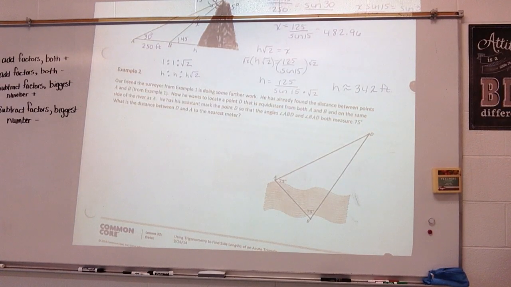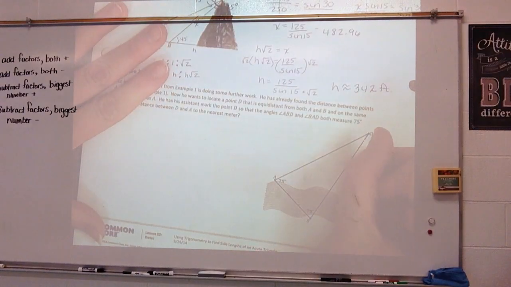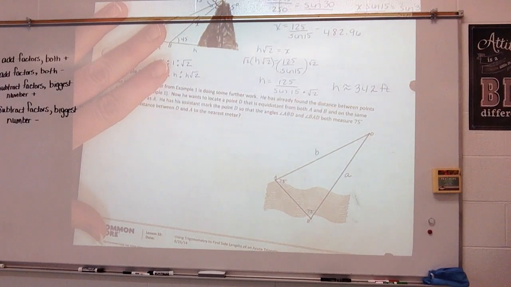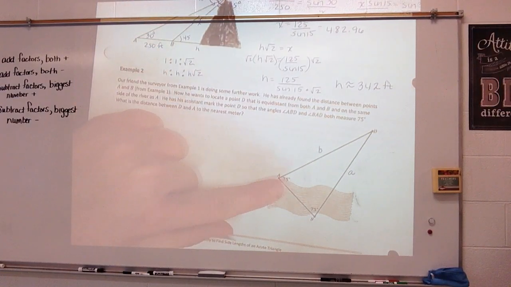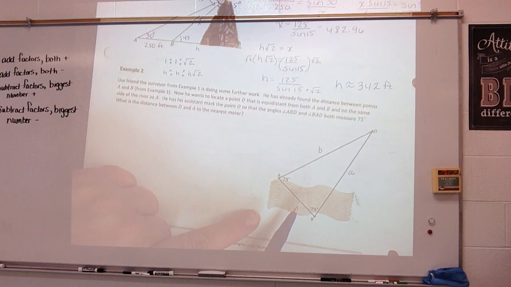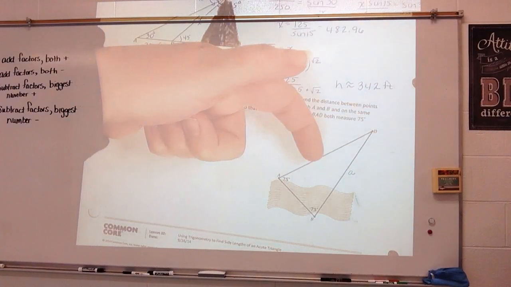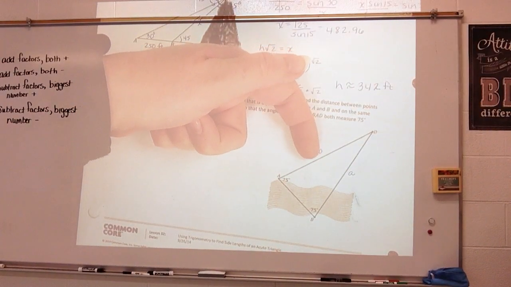Okay, so let's mark what we know. This is A, this is B, and this is D. We are trying to find the distance between D and A. I want to know this part right here.